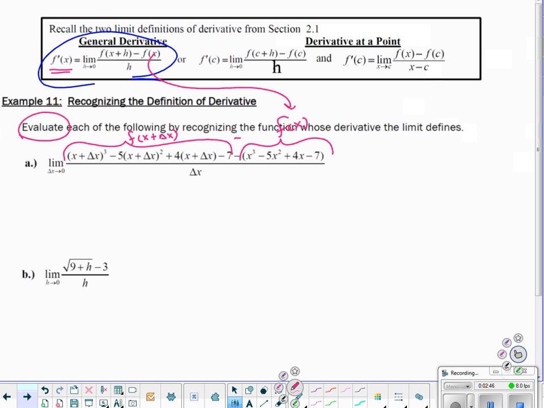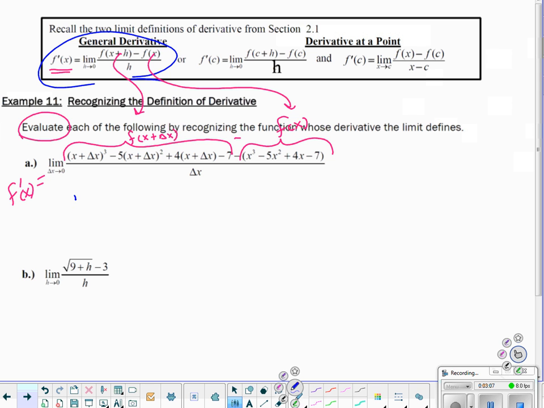Wow, look at this. These are those two components. So this limit, which looks tremendously scary, if I'm supposed to calculate that limit, becomes super easy when you realize all this is asking is what is the derivative of your function.